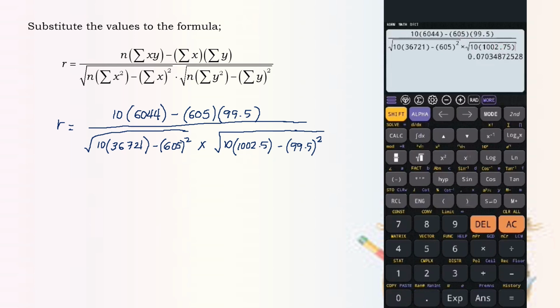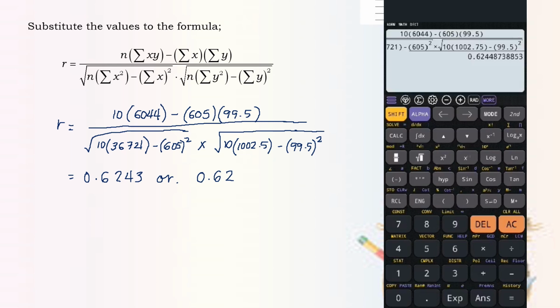Computing this using the calculator, the answer is 0.6243, or let's use two decimal places, which is 0.62.